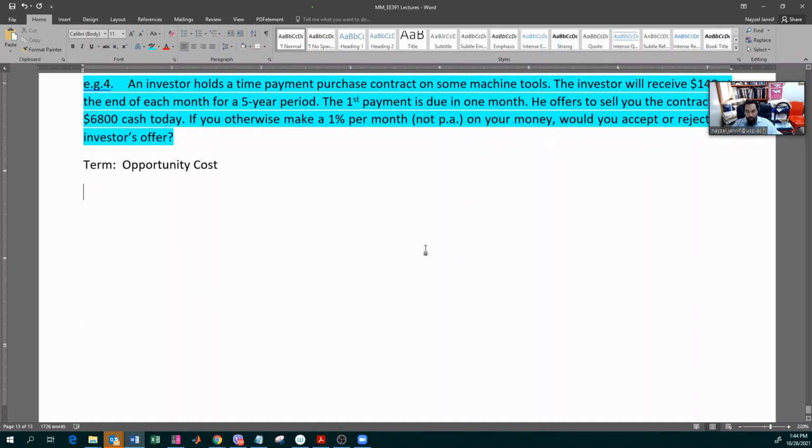Let's now draw our cash flow diagram. As usual, we've always got to draw our cash flow diagram.